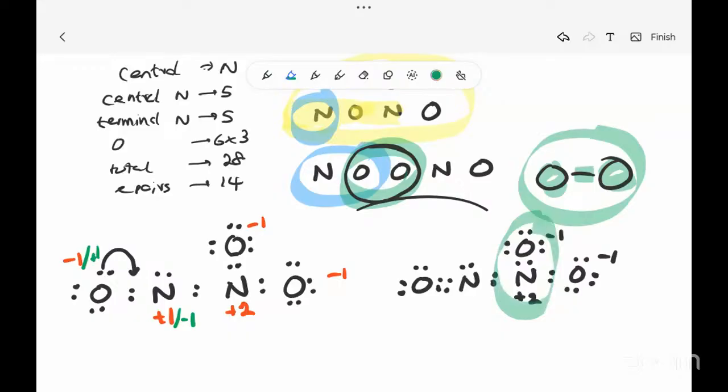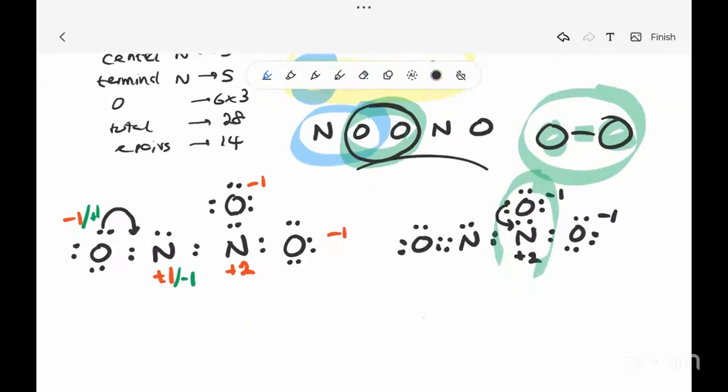So therefore, what I shall do is take one lone pair from here to here. Oxygen, double bond here, nitrogen, single bond, nitrogen, and a double bond in between these two, oxygen, and a single bond in between these two.